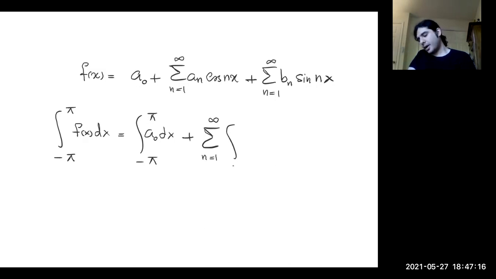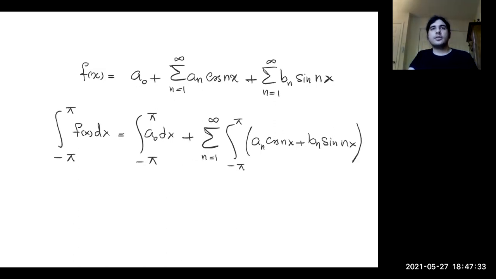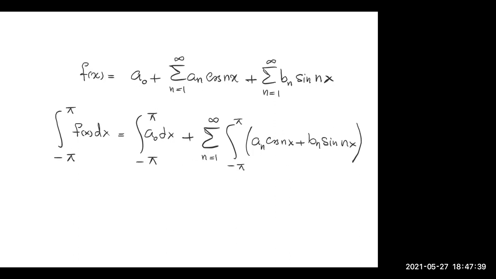So it would be from minus pi to pi. I can just combine these two sums, so it would be an cosine of nx plus bn sine of nx. Okay, so now there are some of these integrals whose results we know.